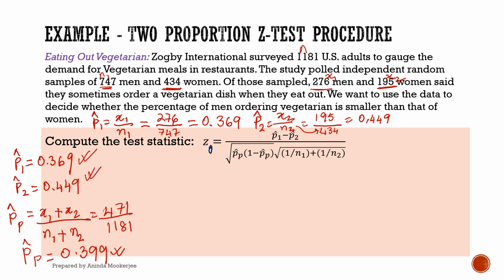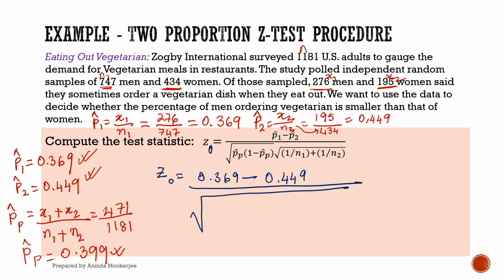So z sub 0 is going to be p hat sub 1, 0.369, minus 0.449, divided by the square root of p hat sub p, 0.399, times 1 minus 0.399, times 1 divided by n sub 1, which is 747, plus 1 divided by 434.